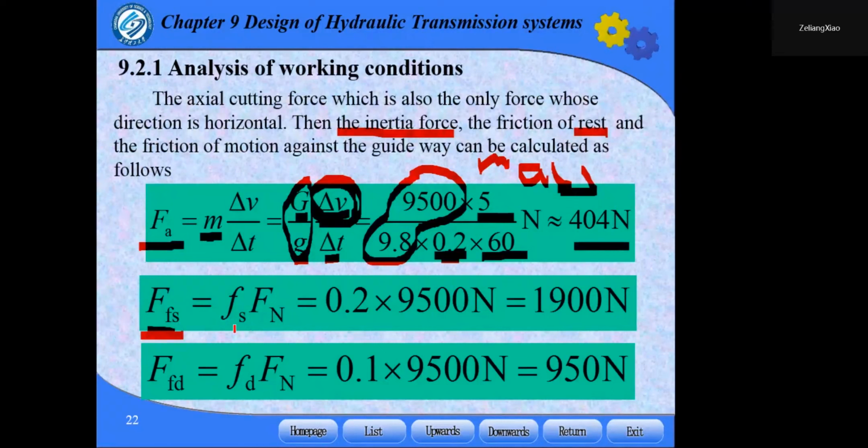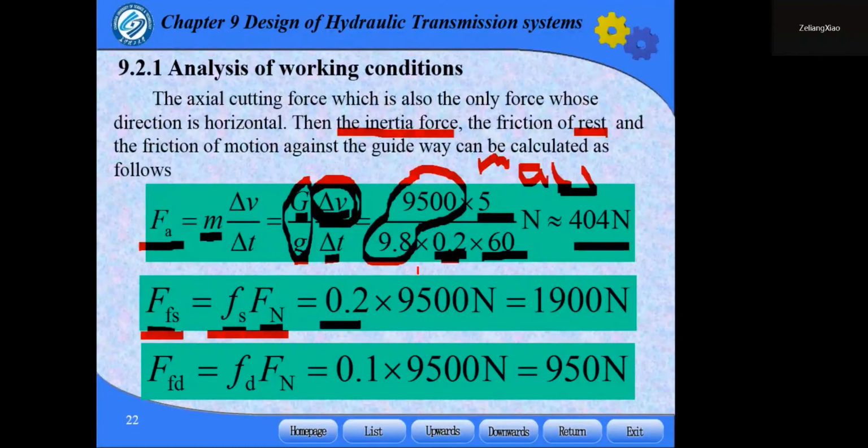The friction can be calculated by this equation, which equals the coefficient of friction of rest multiplied by the normal force.